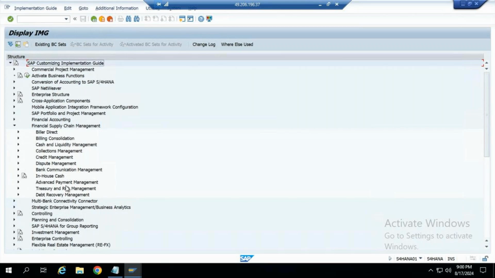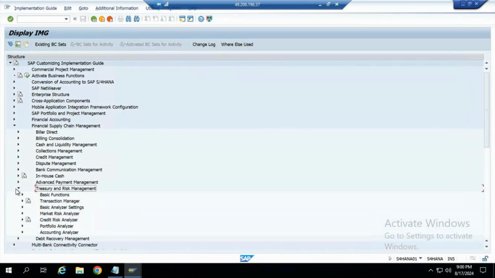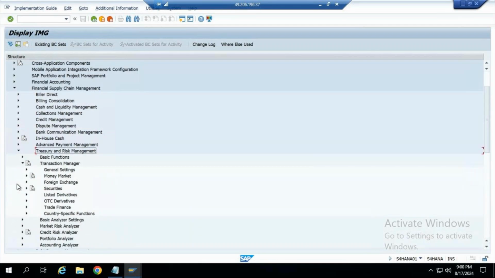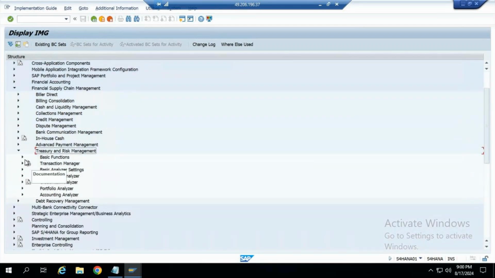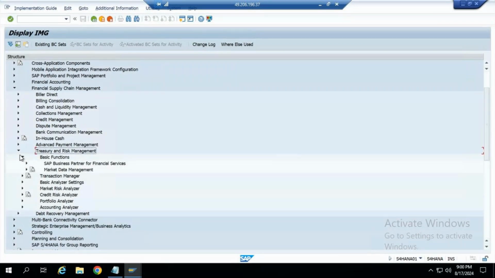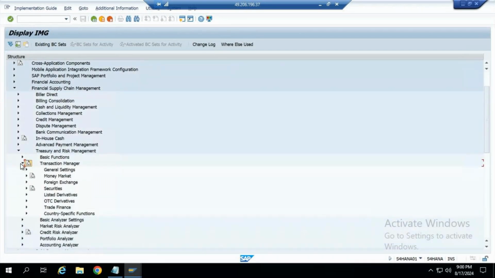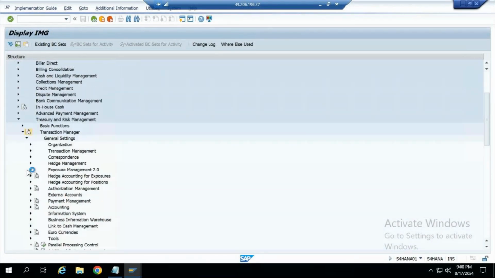Under the FSCM solution, if you are only looking for SAP Treasury and Risk Management, you can see it here, and here you have the Transaction Manager. Before going to the configuration directly, under the Transaction Manager you can see the organization structure.